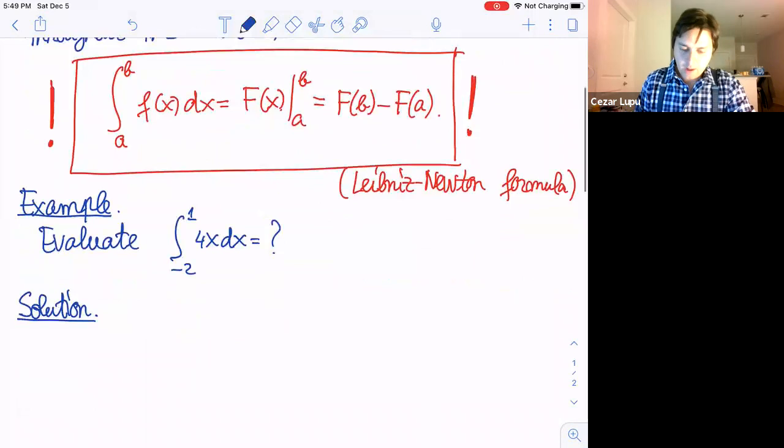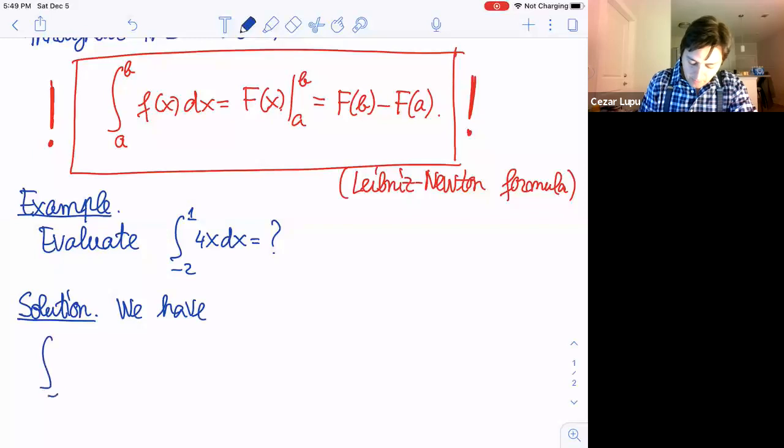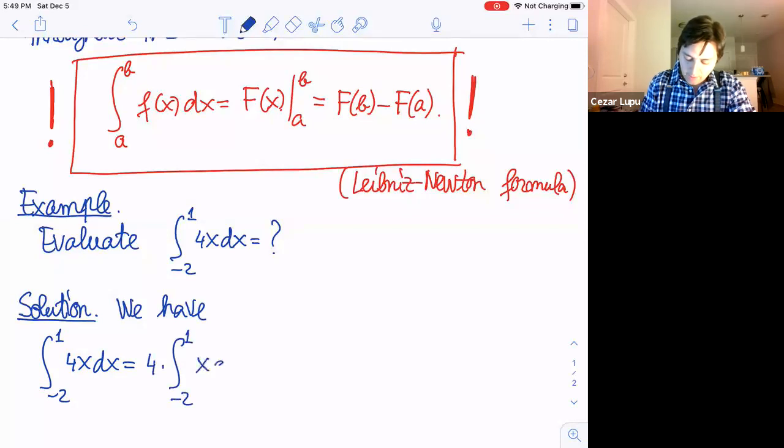So this integral from -2 to 1 of 4x dx is now, by applying the constant multiple rule, we're going to take out the constant 4. So this would be 4 times the integral from -2 to 1 of x dx.